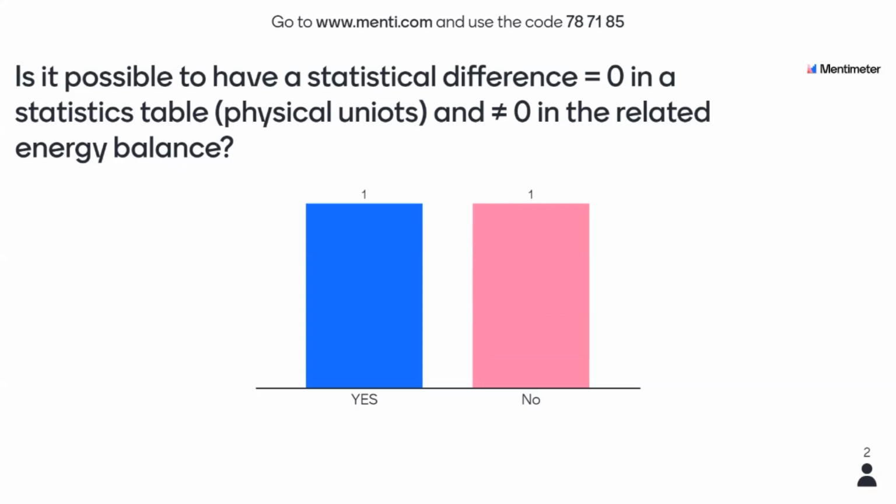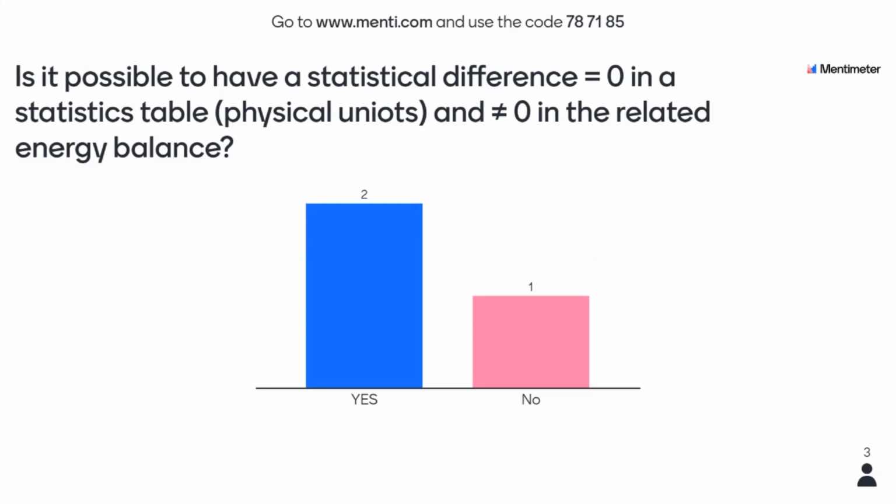So we have seen a bit this topic last week, but today we'll see a bit more. Try to reflect and think about how do you pass from a statistic table, so in physical unit, for example, oil products in barrels or in tons or in liters, for example, to an energy balance that report the same table and the same figures, but in energy unit.